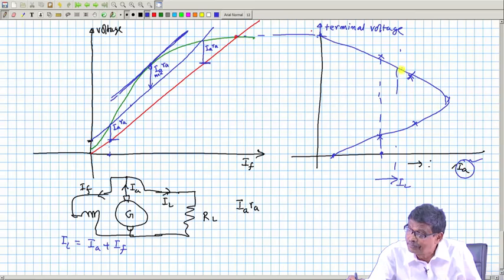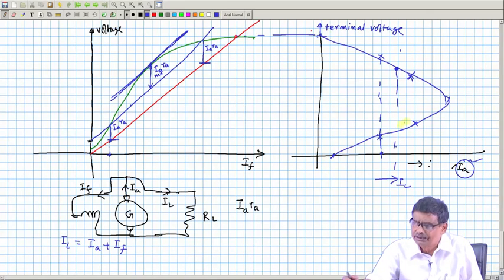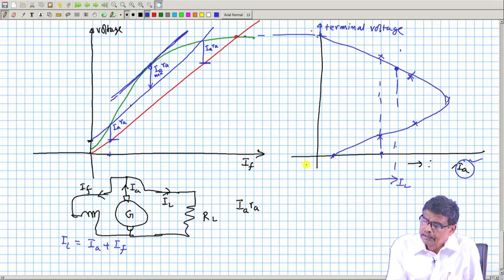Whatever is the rated armature current, corresponding to that I will get this point only. These points are unstable points. If you short circuit it, it will straight away come here. But what I wanted to tell you, it will traverse perhaps a path like this. Therefore, up to IA rated you will go and it will come here.